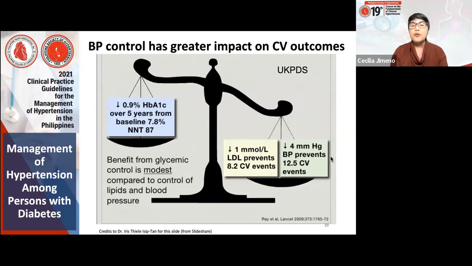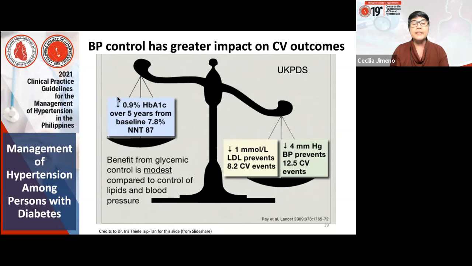Only around a 4 millimeter mercury drop in blood pressure already prevents 12.5 CV events. And this is for LDL cholesterol lowering. Just a 1 millimole drop in LDL leads to the prevention of around 8 CV events. And if you take a look at lowering the A1C by around 1%, an NNT of around 87.